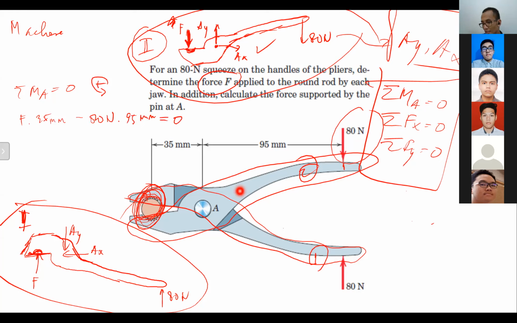So F is supposed to be 80 multiplied by 95 divided by 35, right? 217.14 newtons, going downwards.